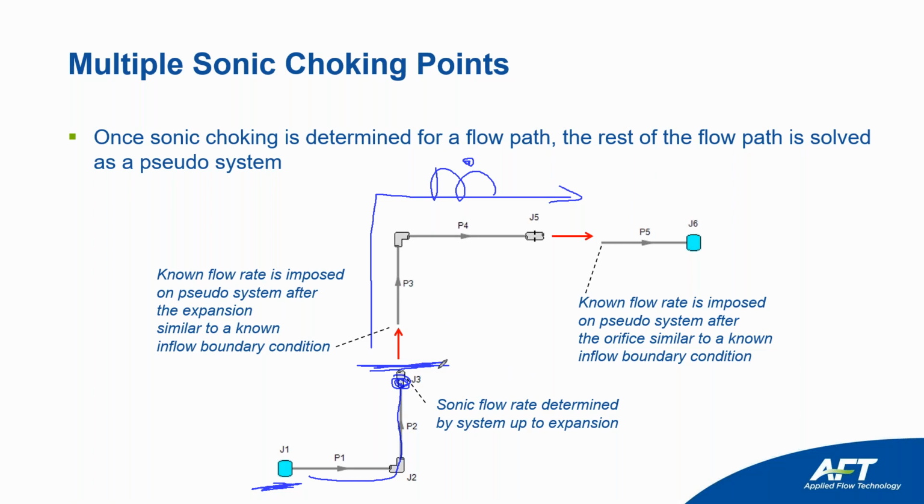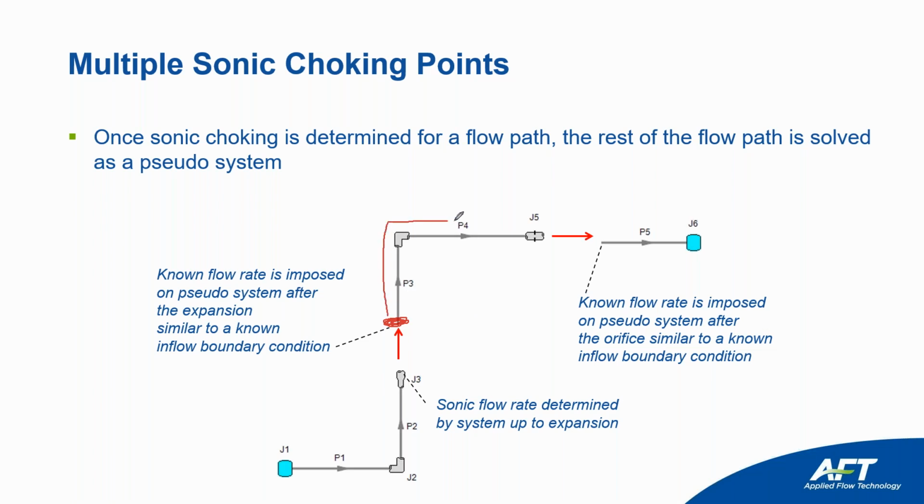So we know the mass and the energy across that shock wave. So what we do is we break apart the system and we create a small pseudo subsystem where we put a pseudo known flow boundary right here. It's like we're taking the model inside the code and we're putting an assigned flow with a known energy condition at that point. And we start marching downstream again.